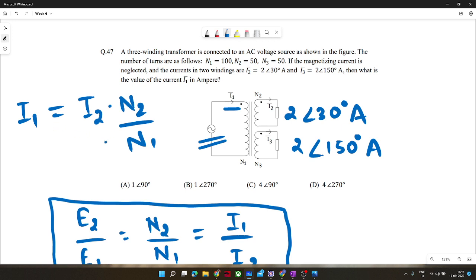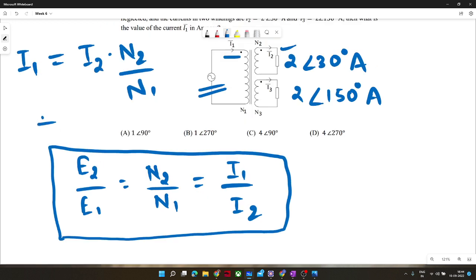This I1 is due to the load current I2, and the other one is due to I3, so the I1 drawn from the supply would be I3 into N3 by N1. Now you just need to solve it.